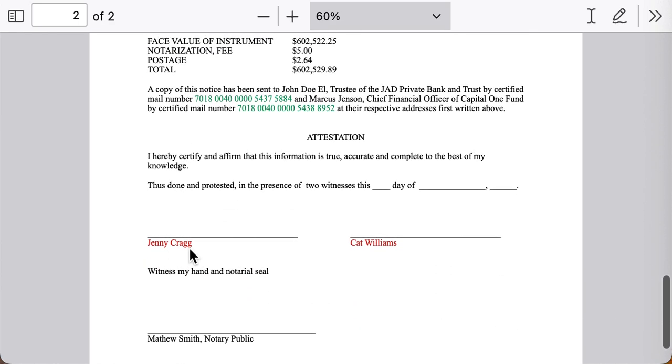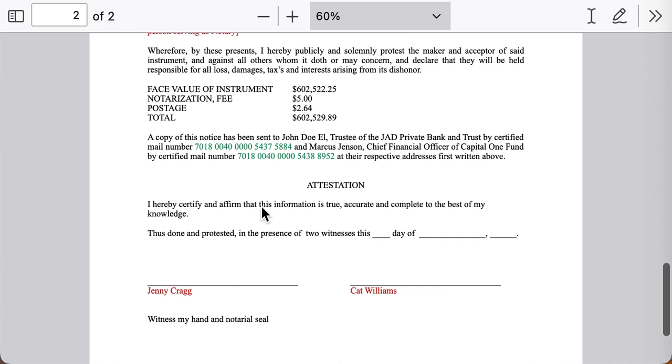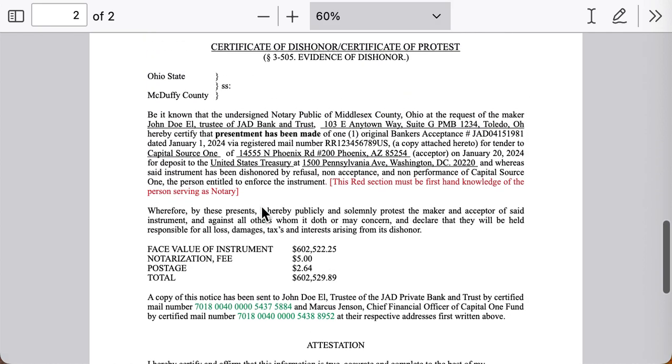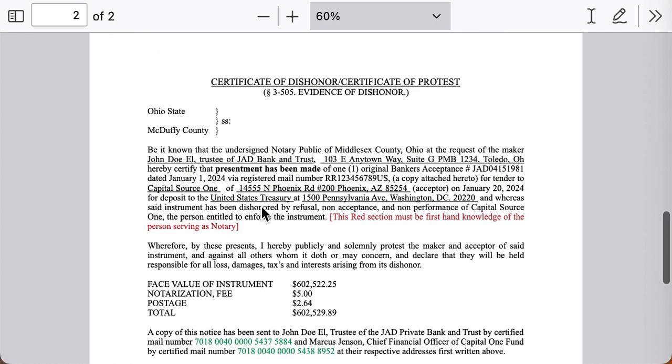The notary, and it says, thus done, protested in the presence of two witnesses. So that's what this thing was saying earlier. These two witnesses, they're here after the fact. They are not actually the ones attesting. But it doesn't matter as far as this instrument. The one who's attesting is the notary. Again, the notary seal must be on here because an attested document by a government official with the seal is admissible as evidence, right? So I kind of beat that into the ground, but I just really want you to understand why we are doing this.